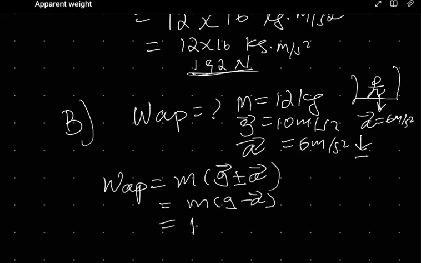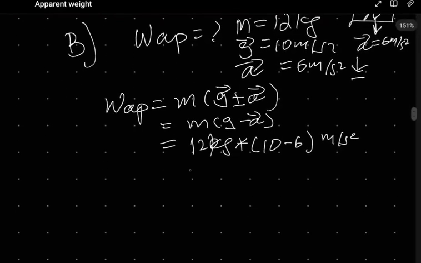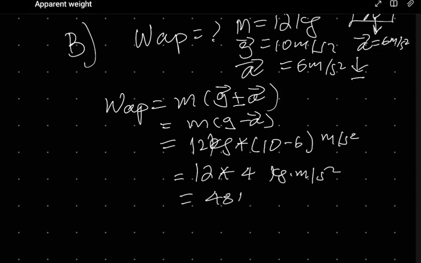That is 12 kilograms times (10 minus 6) meters per second squared, which gives 12 times 4, in kilogram meters per second squared, so this is equal to 48 Newtons.